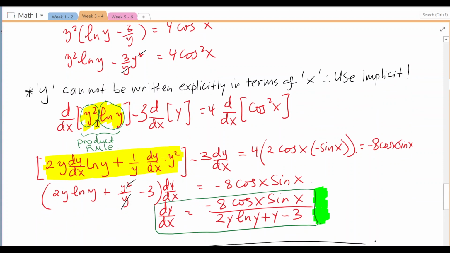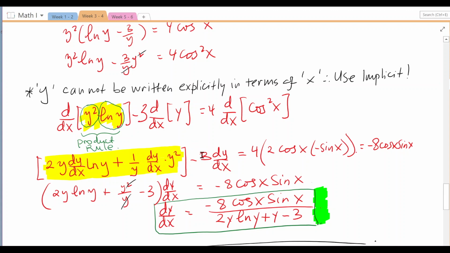So the first term here, by the product rule, we take the derivative of the first term, y squared, which is 2 times y multiplied by dy/dx, times ln y, plus the derivative of ln y, which is 1 over y times dy/dx itself, and then multiply by the first term, which is y squared. So everything in this yellow square bracket is an expansion of the product rule between y squared and ln y with respect to x.